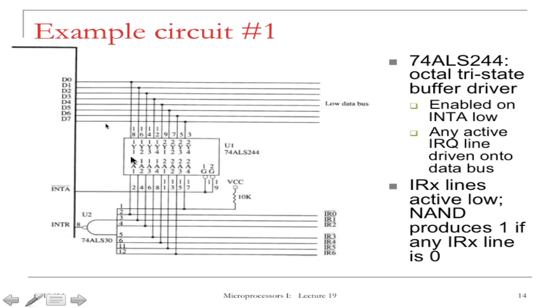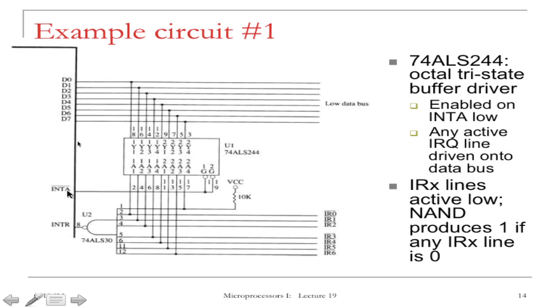So we have an octal tri-state buffer driver, the 74ALS244. This is a buffer driver which will send this input to the output side when it sees a 0 from the INTA. Because we have the INTA connected to the control signals here.